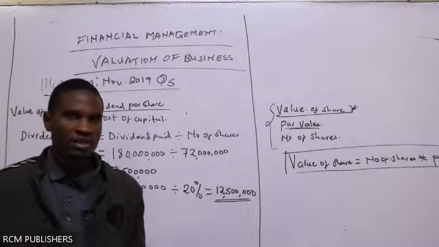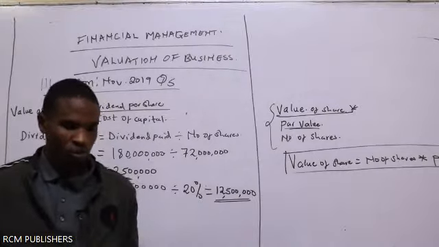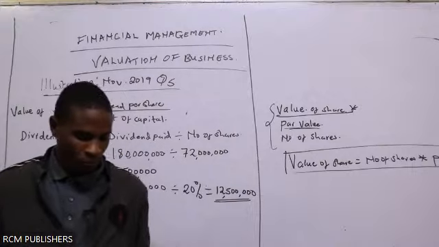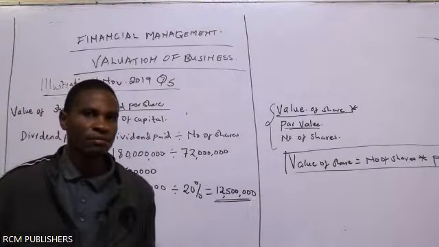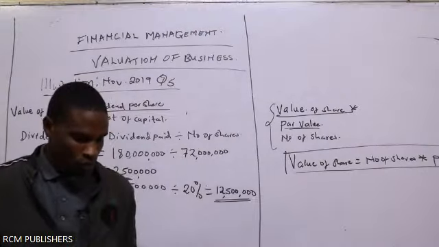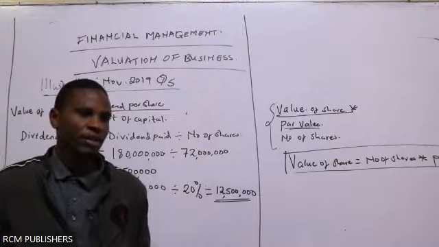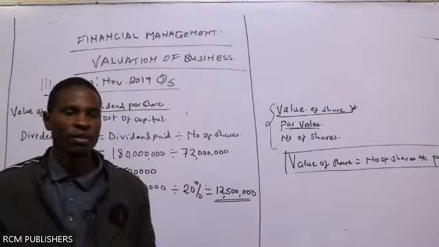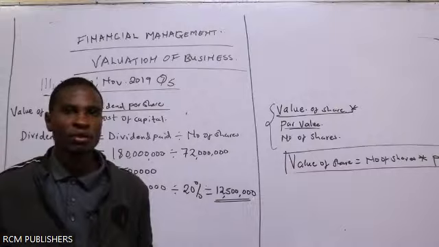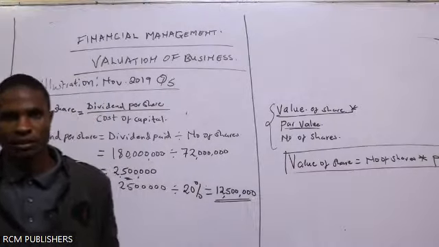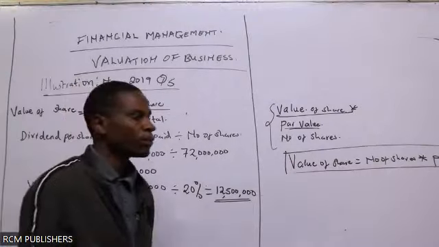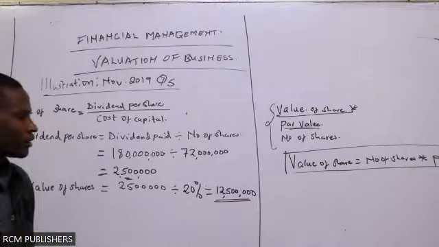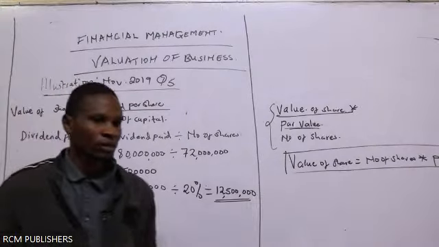If the management made a decision to undertake this investment, what will be the value of the company? Remember, we are under valuation, knowing the worthiness of this business. So, how are we going to handle that?